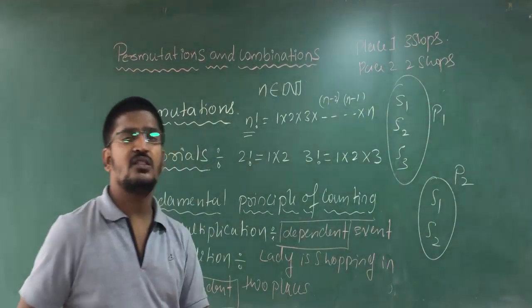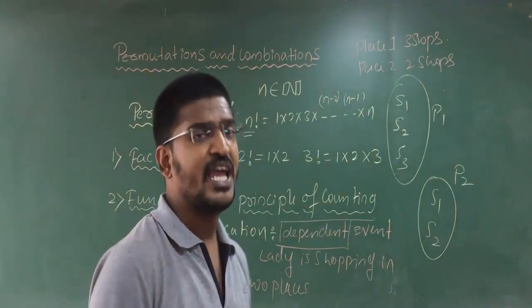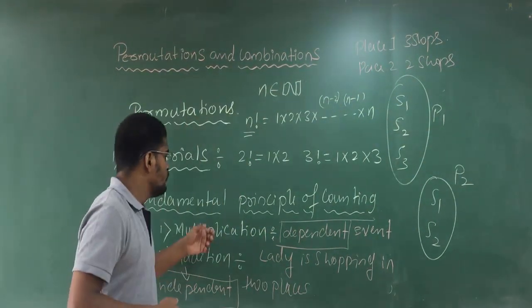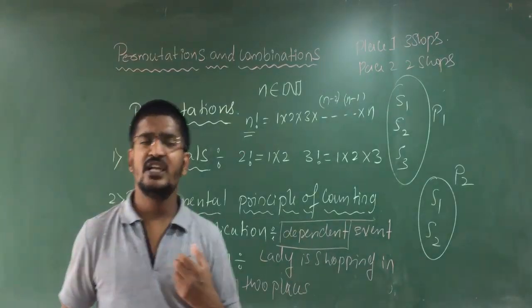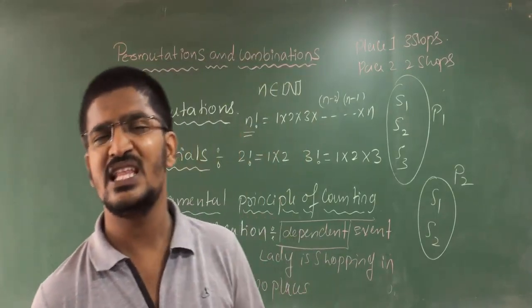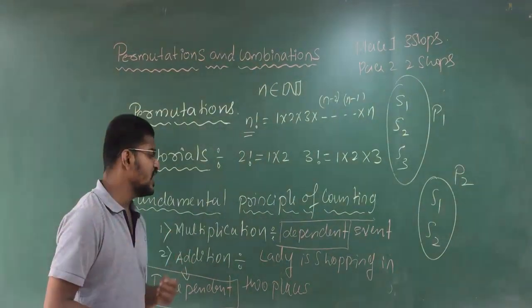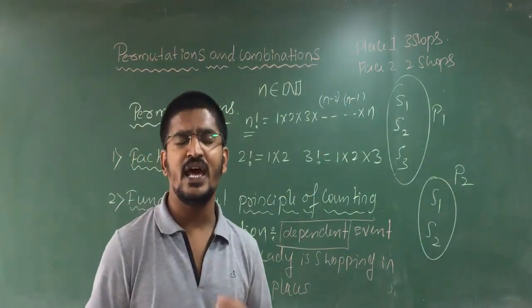In the addition, the event will be independent. For example, for addition, the shopping of a lady. For multiplication, it will be the wearing of a dress or getting dressed up. Clear? With those simple examples, I think this is clear for you for multiplication and addition.